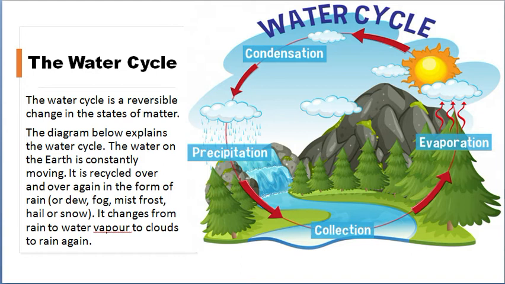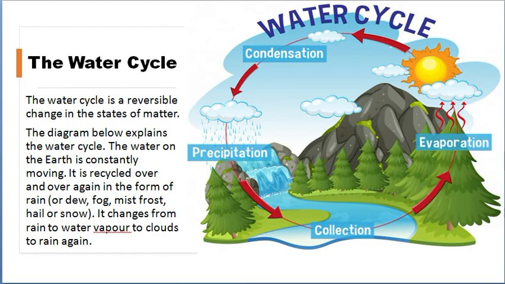You can see in the picture, students, in the process of evaporation, the water vapors rise up into the atmosphere, in the clouds or in the air. When water vapor reaches the colder upper layers of the atmosphere, it condenses.